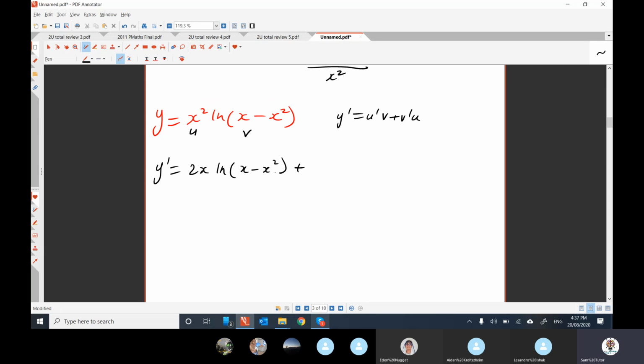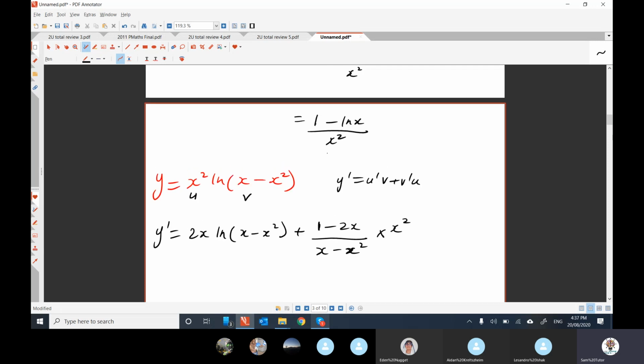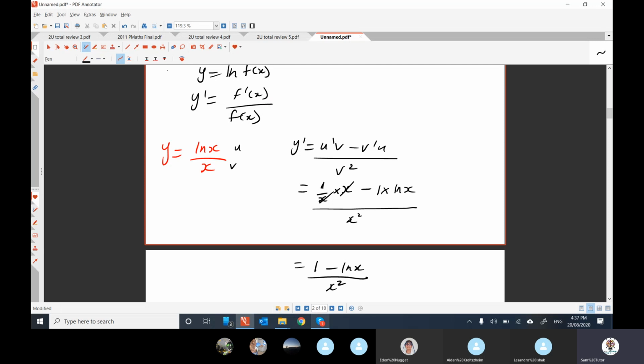So, what's the derivative of the inside? 1 minus 2x over x minus x squared. That's v dash. You agree with that? Times, now you've got u still. X squared. But what do we do with the ln? Which ln? Like this ln here? So we don't put any ln in that. No, the rule is this. Let's go up for a second. Look. Right here.